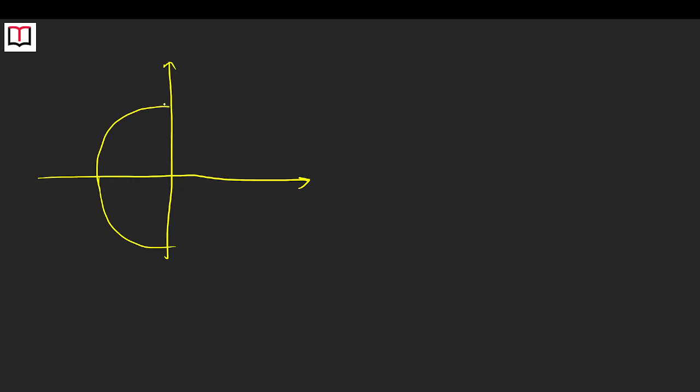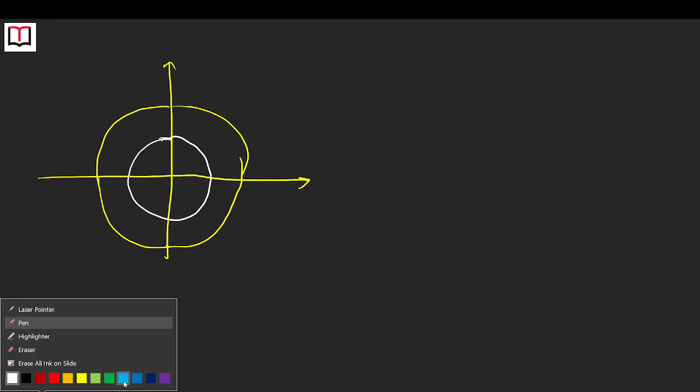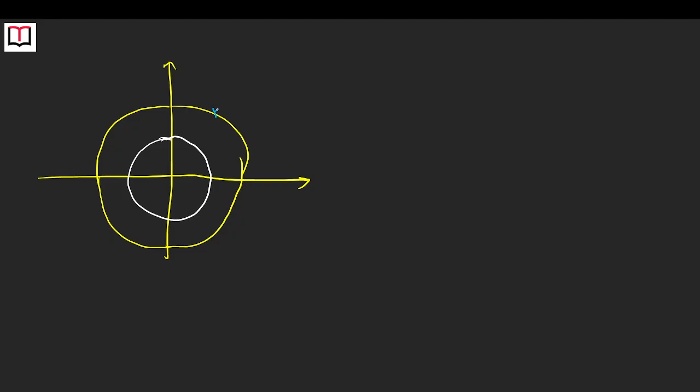See, first let us try to draw an appropriate figure here. So one is a circle of radius 2 units. See, I'm not that good at using the tools here. Sometimes it takes auto correction, but I don't know when it takes and when it doesn't. Anyways, P is a point here on the outer circle.